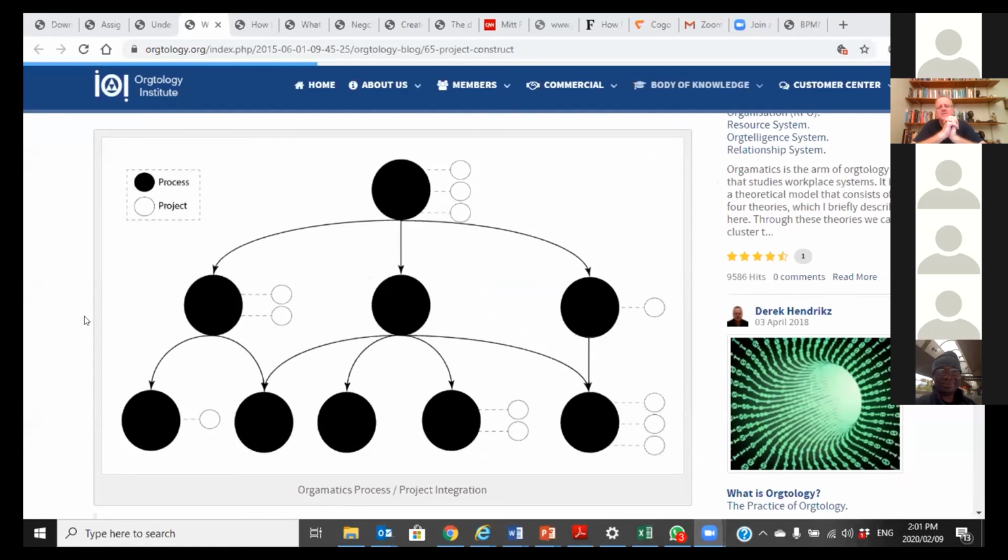The point I want to make is that at times the relationship at the lower level is not one-to-one. For instance, you could have a project that is fertilizing a number of processes within the process construct. So that's a comment that I just wanted to make.